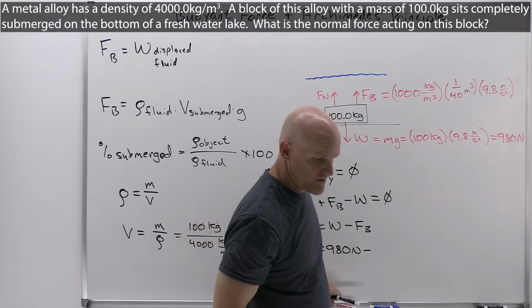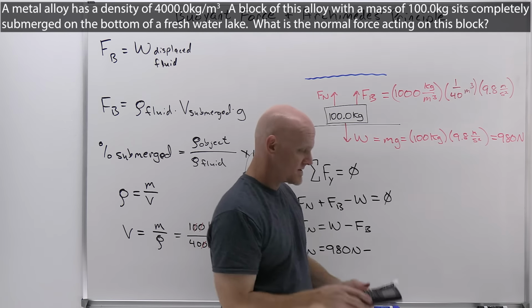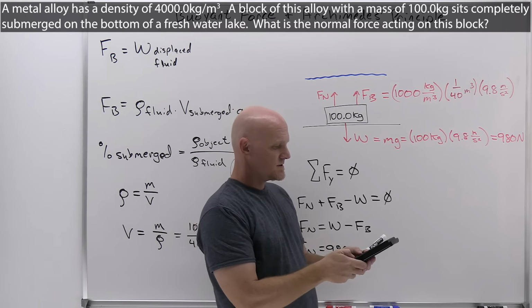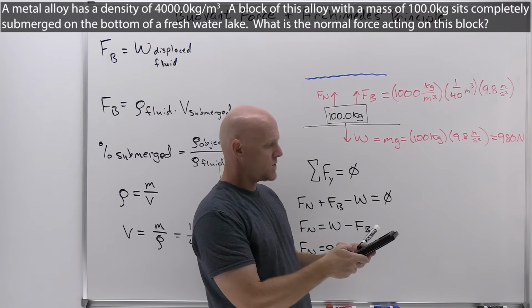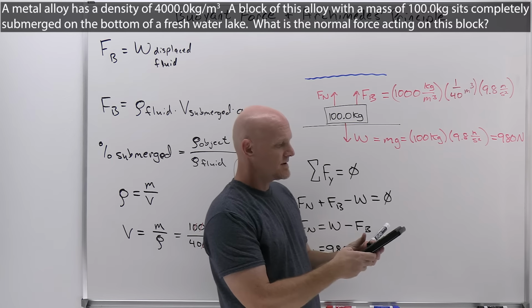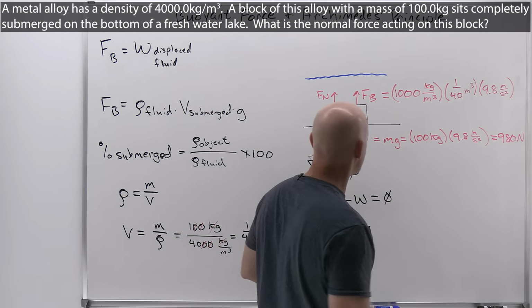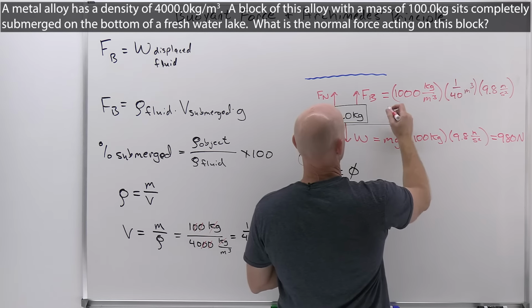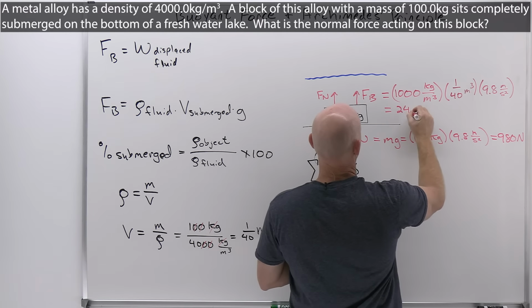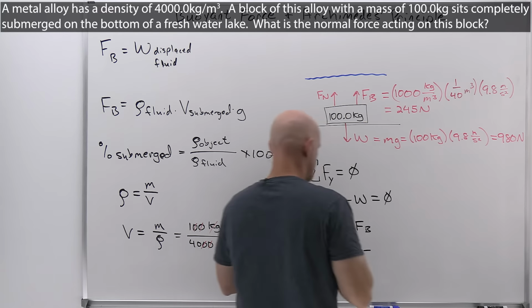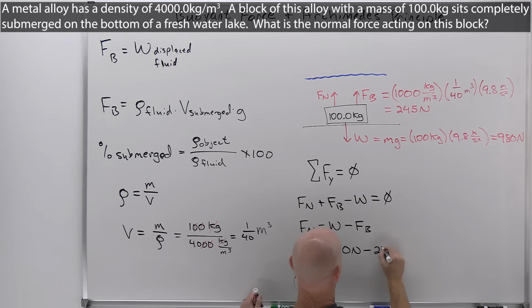I think we'll let our calculator do some of the heavy lifting for us here. So 1,000 divided by 40 times 9.8. It's going to get us 245 newtons. We'll substitute that right back in down here.